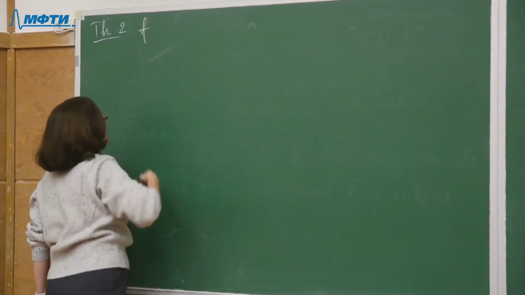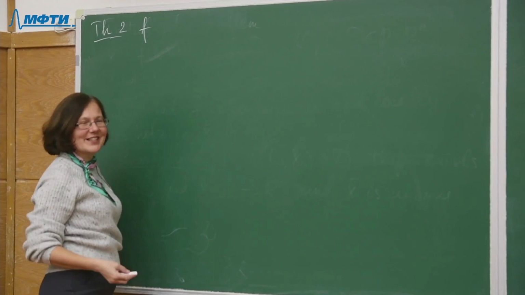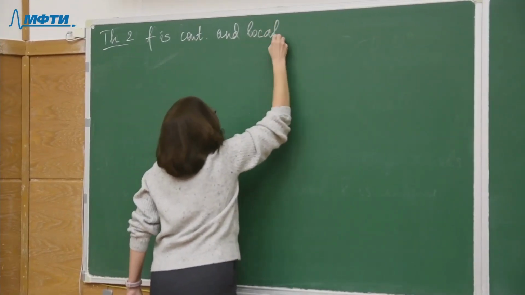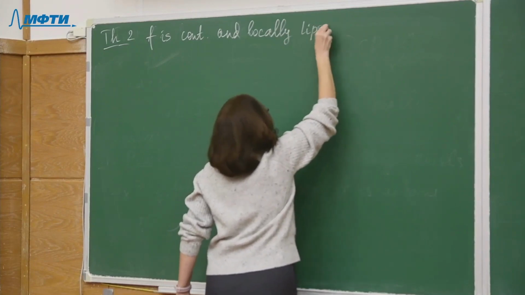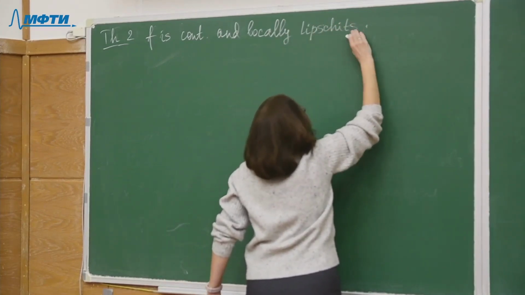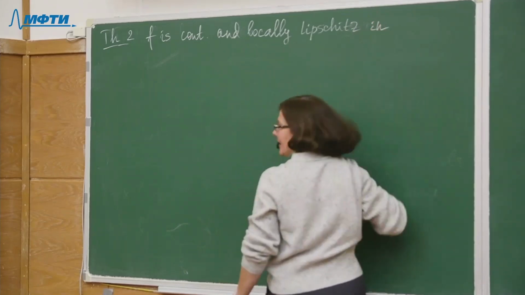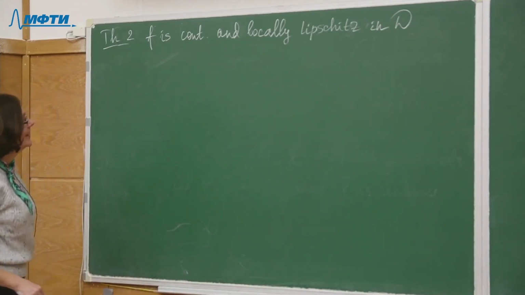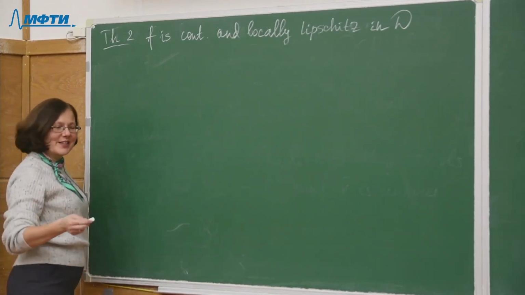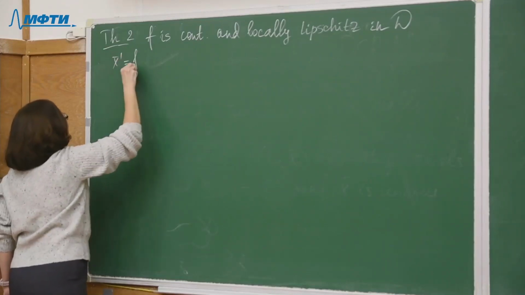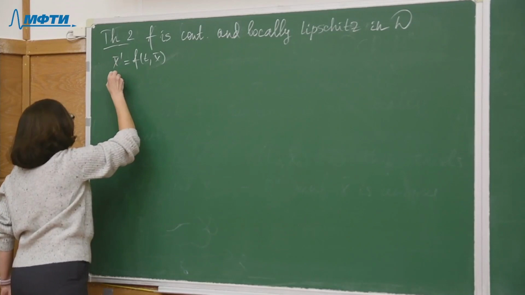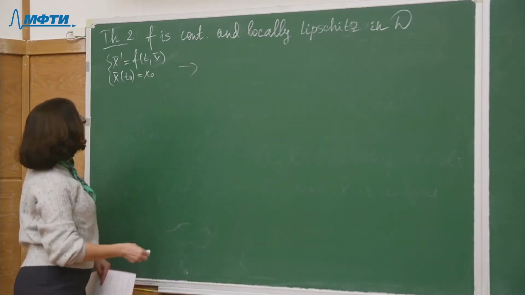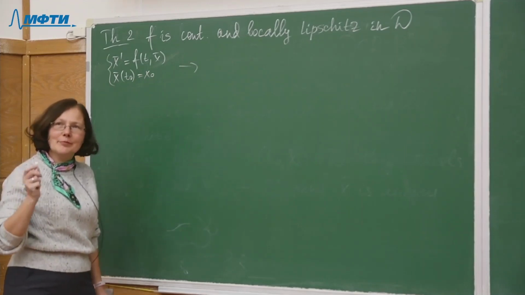Okay, so f, as before, is continuous and locally Lipschitz in D. So again, we consider the initial value problem, and we consider a solution with a maximal interval.